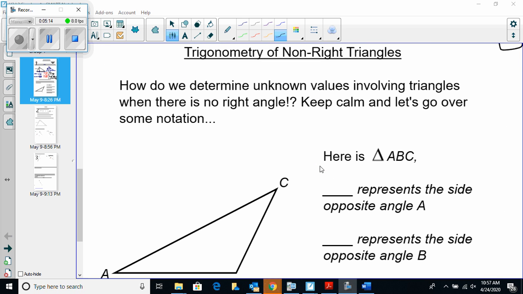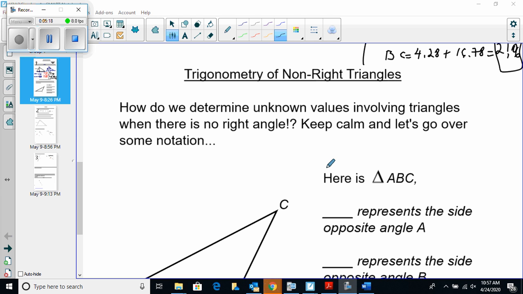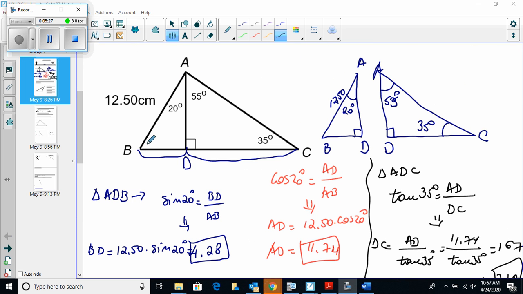Okay, so what we are dealing with now is a triangle that is not a right angle triangle. As you see here on the initial triangle ABC, none of the angles were 90 degrees.